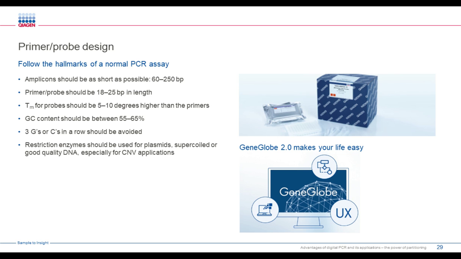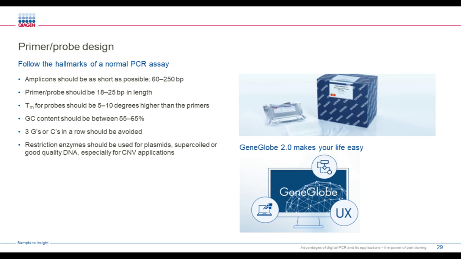Because if the primer binds before the probe, you have dark PCR, and that is not what we want. And of course, the GC content should be between 55 to 65% for optimal annealing temperature. And 3 Gs or Cs in a row should be avoided due to van der Waals bondings, so we can have good efficiency and good annealing.